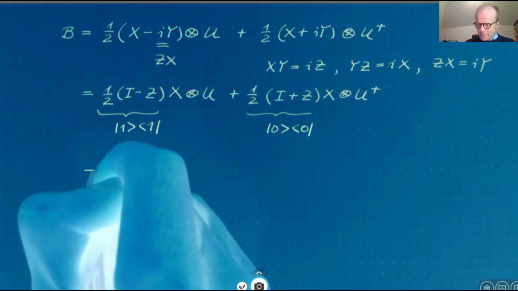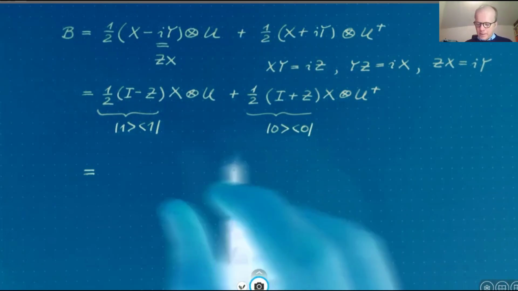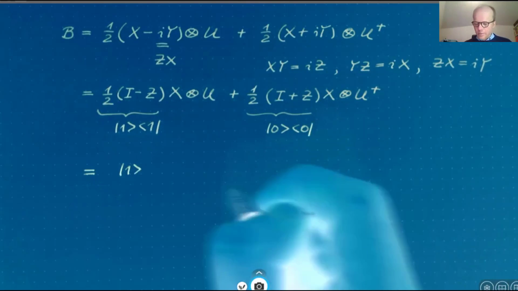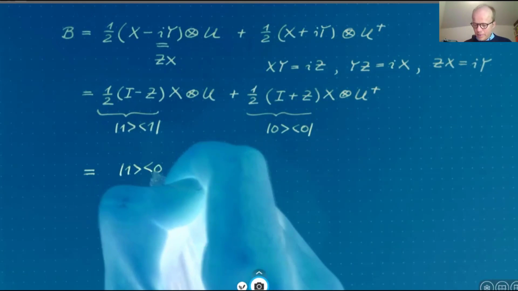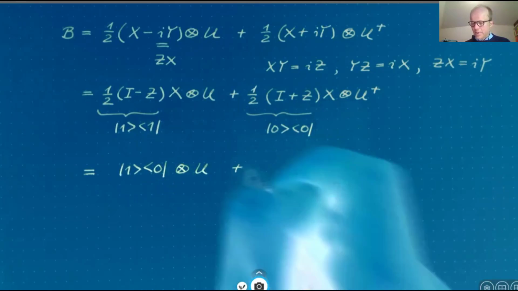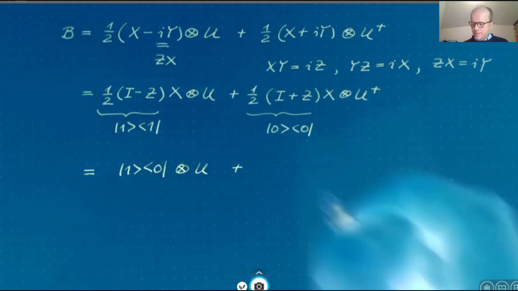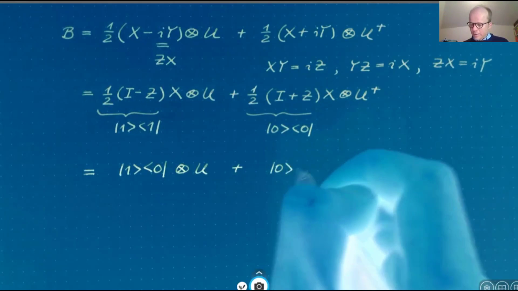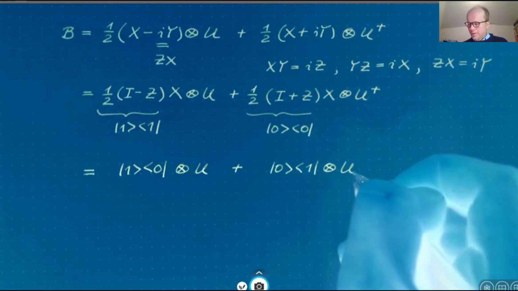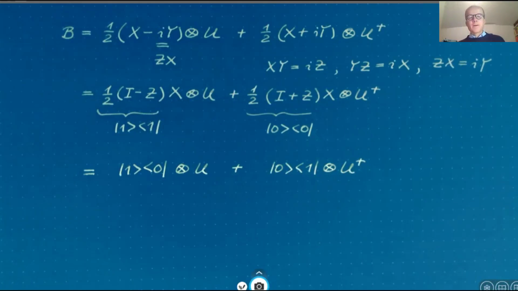So actually we can write the first term as the dyad 1, 0 tensor U, and the second term we can write as the dyad 0, 1 tensor U dagger. Now this is a more compact way of writing the observable B.